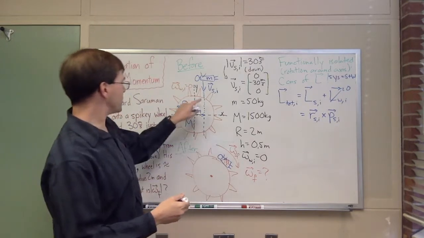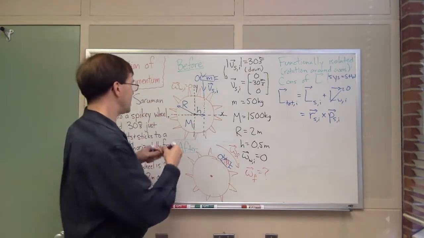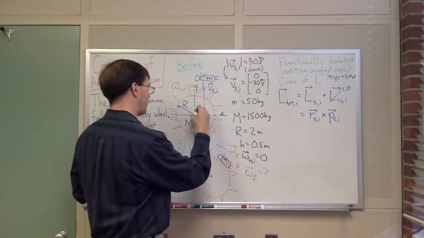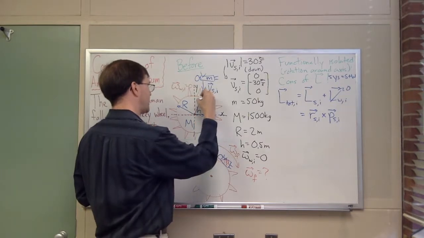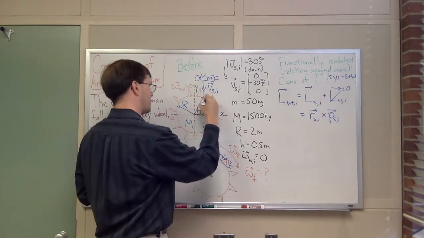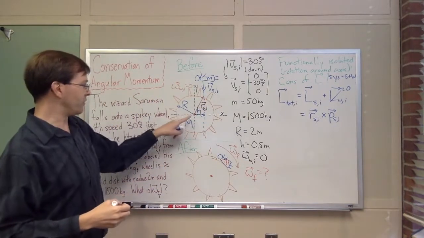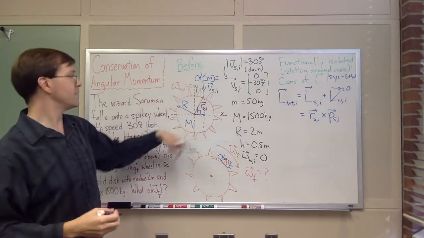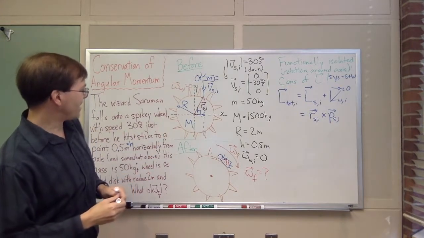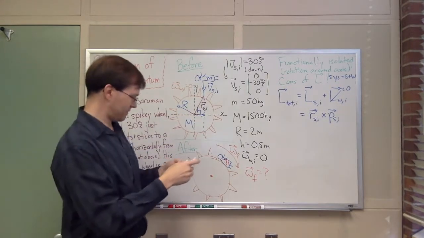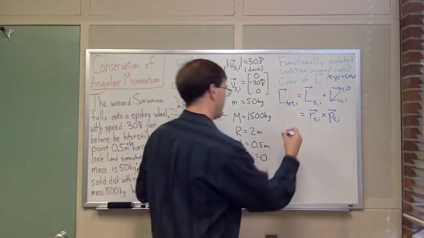When Saruman hits there, his radius vector from the origin to where he hits is here, R Saruman initial. That's his radius vector going from the origin to the place where he's going to hit. Cool. I've got that. And his momentum, I better write this down.